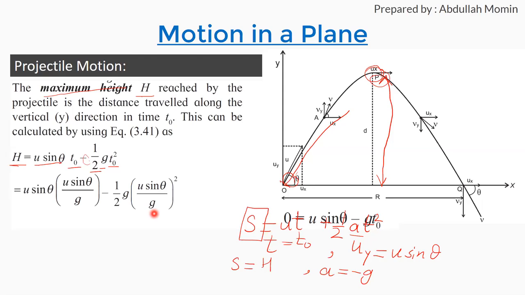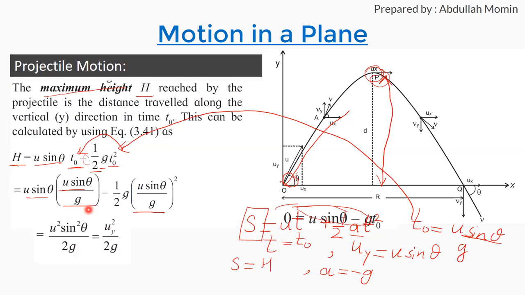Now this u sin theta and u sin theta will become u square sin square theta by g minus, and this is g square, so we will get one more g.